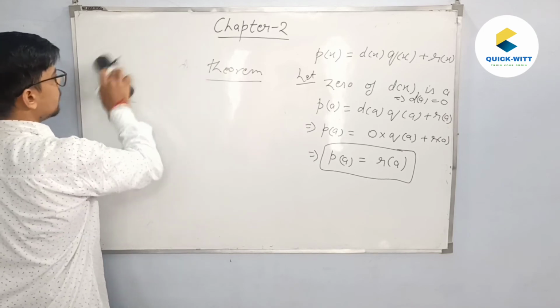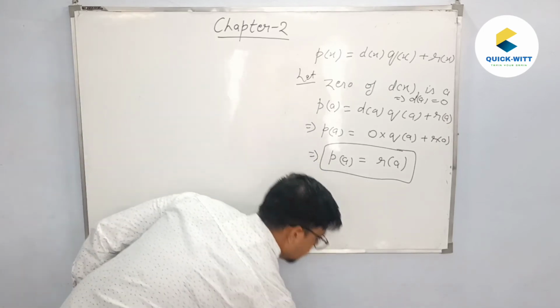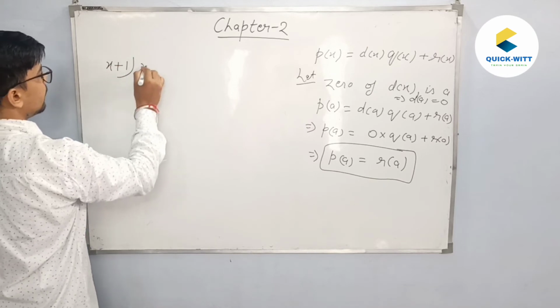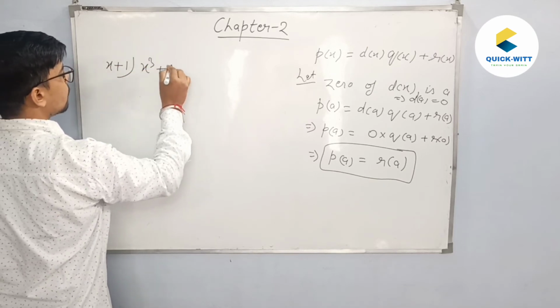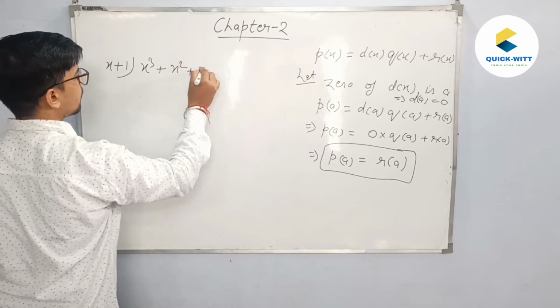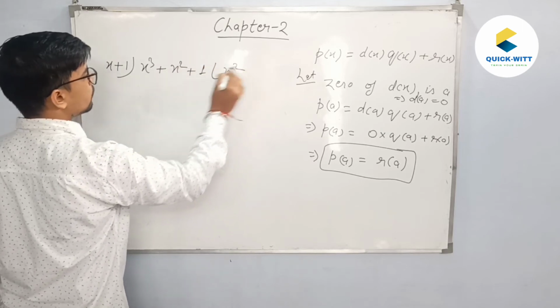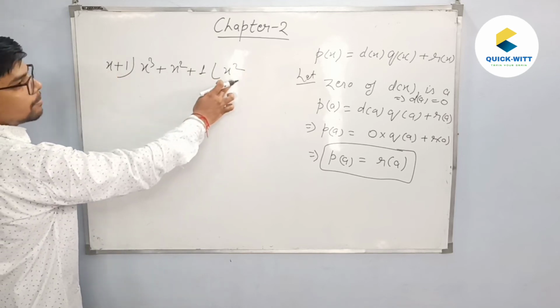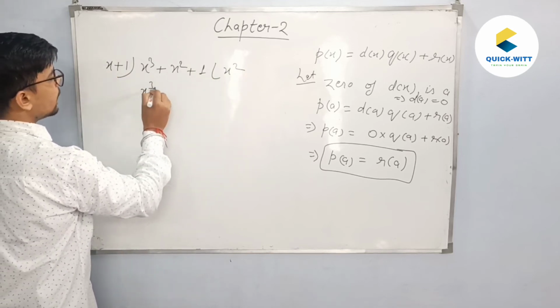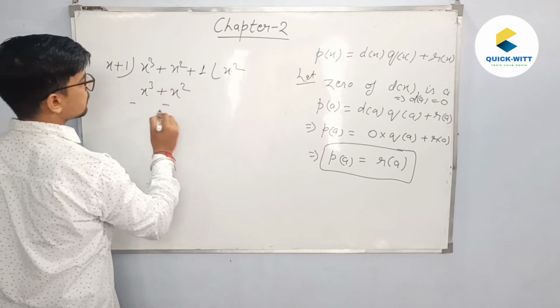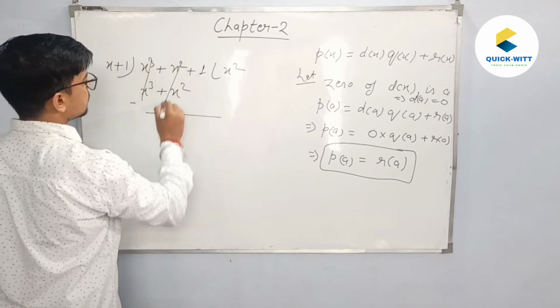And then I will show you how it helps us in our polynomials. Like I will here divide x cube plus x square plus 1 by x plus 1. Okay, firstly I have to multiply it by x square. So what will I get? X cube plus x square. Change the signs, then it will be cancelled.